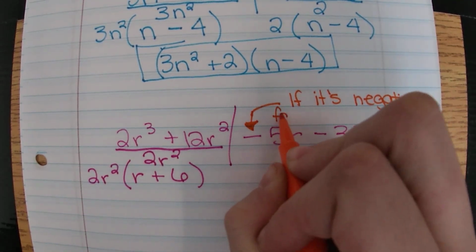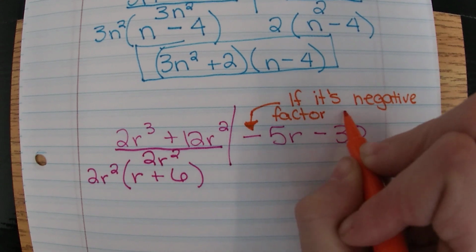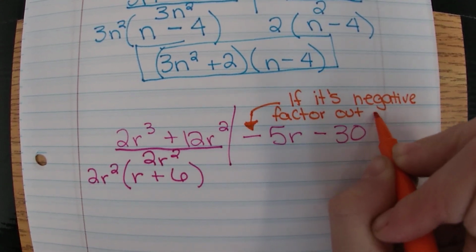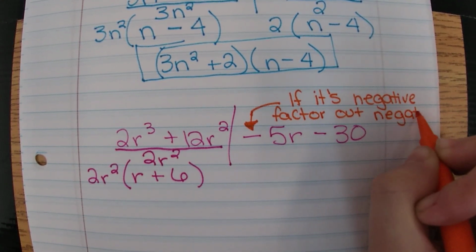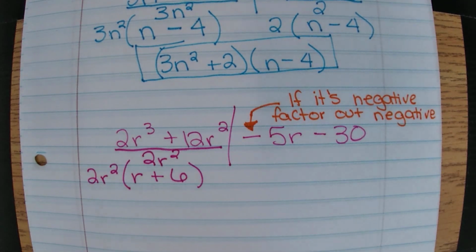you are going to factor out a negative. If that leading one right after where we split it is negative, you have to factor out a negative. Now, don't let that negative confuse you.